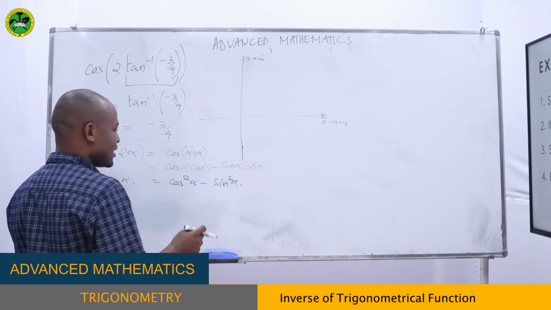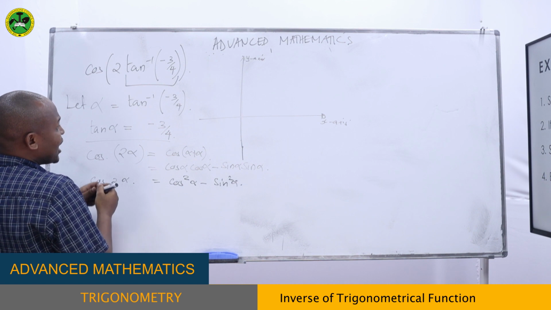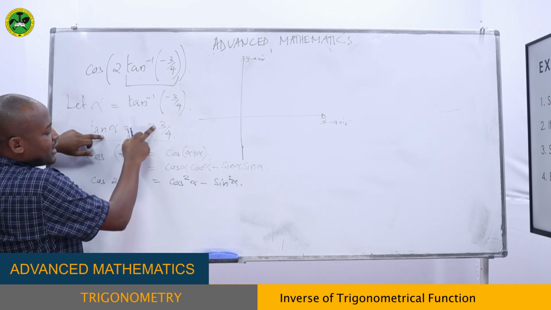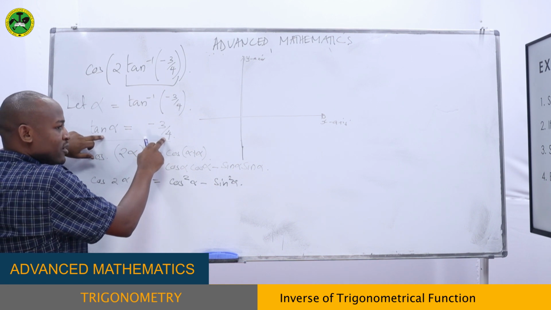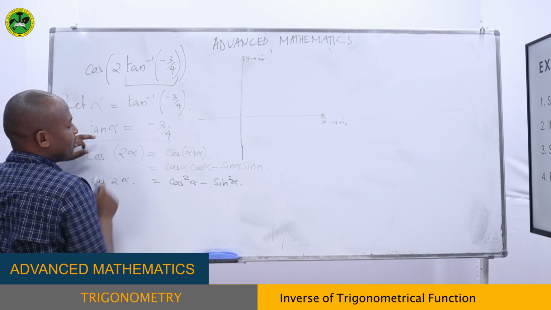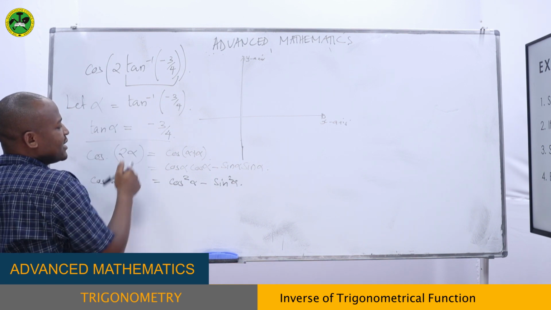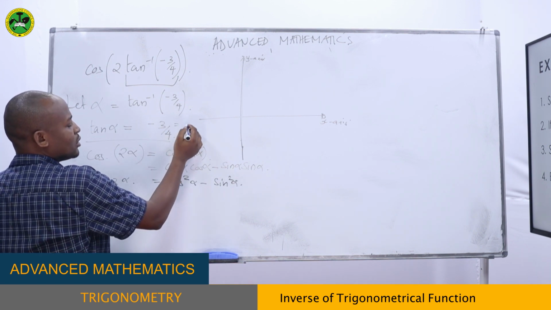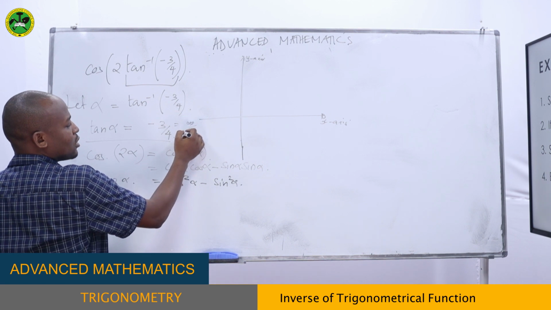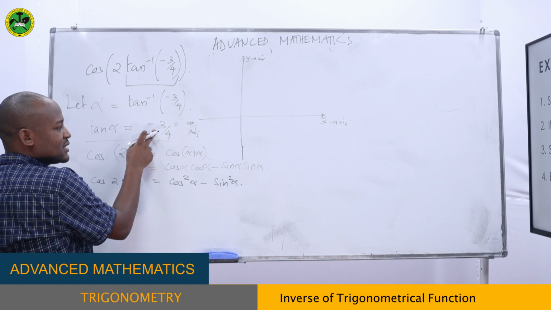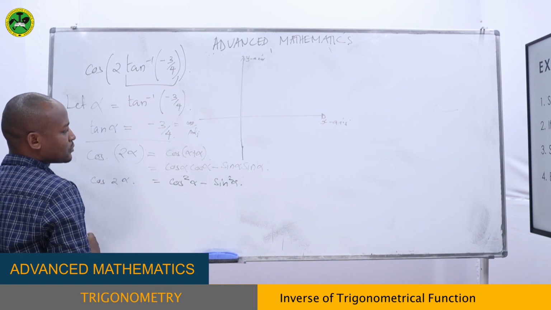Now we know that if we have tan of alpha, which is negative 3/4, tan is equal to opposite over adjacent. This is the opposite and that is the adjacent.